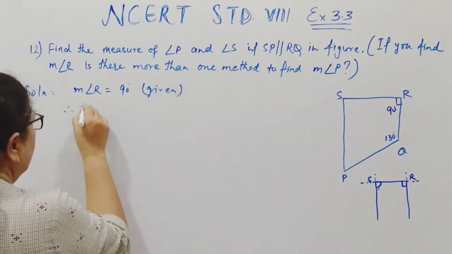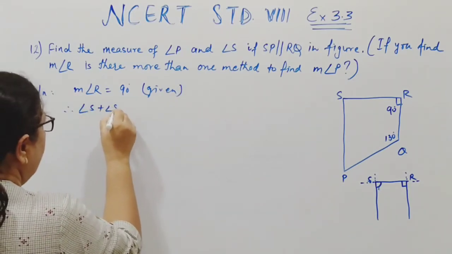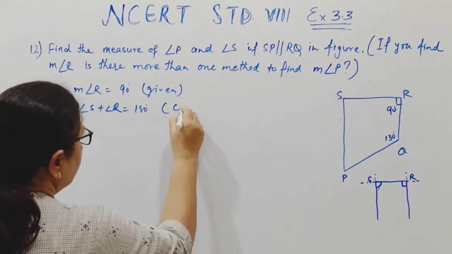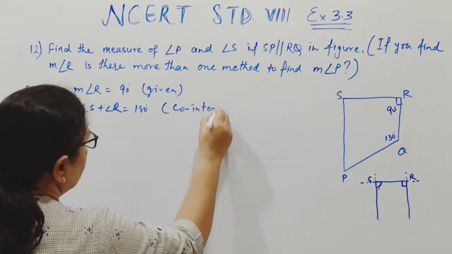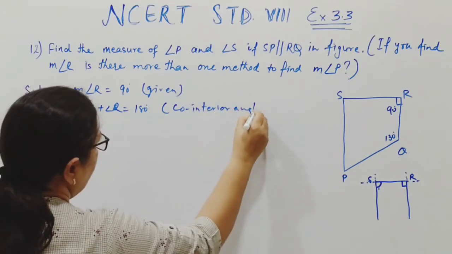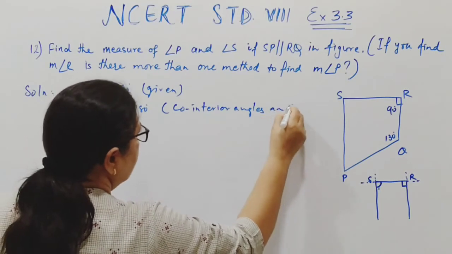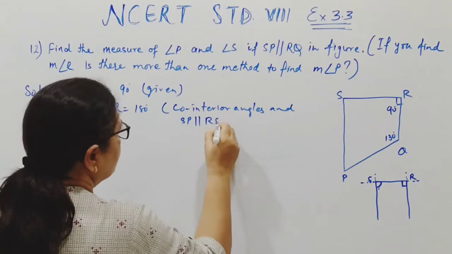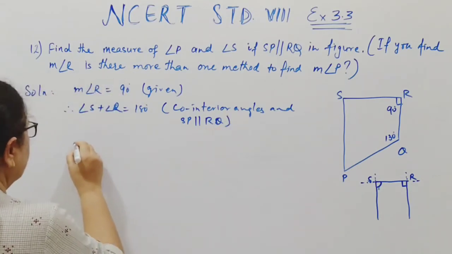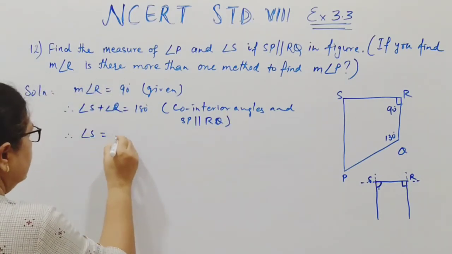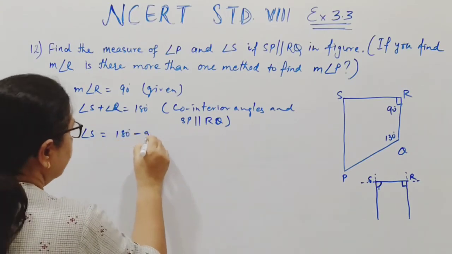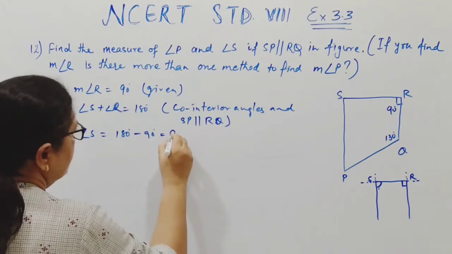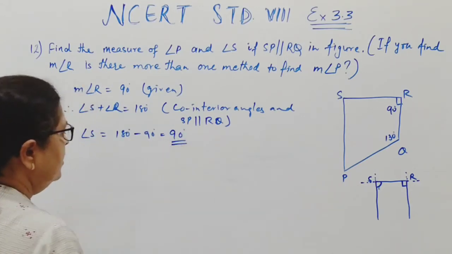Therefore, angle S plus angle R is equal to 180 degree, co-interior angles. And SP is parallel to RQ, so they are supplementary. Therefore, angle S is equal to 180 degree minus 90 degree, that is value of R is 90 degree. Therefore, S is also 90 degree.